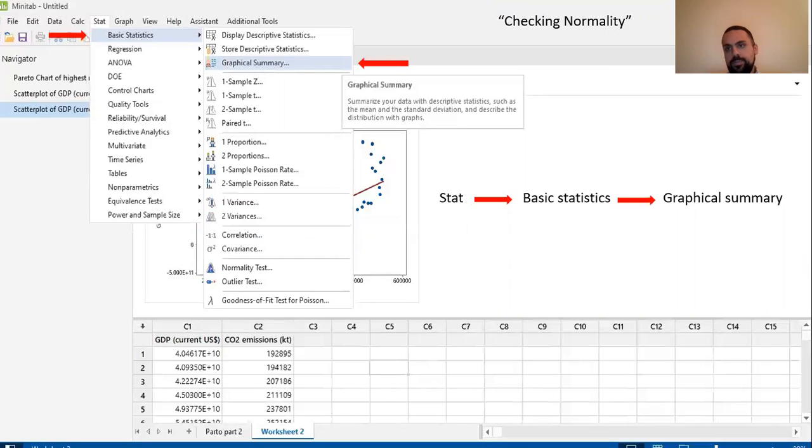My dear friend, the second tool that plays a significant role in quality engineering is the graphical summary.